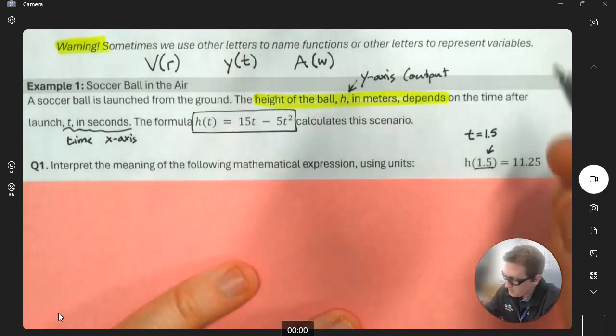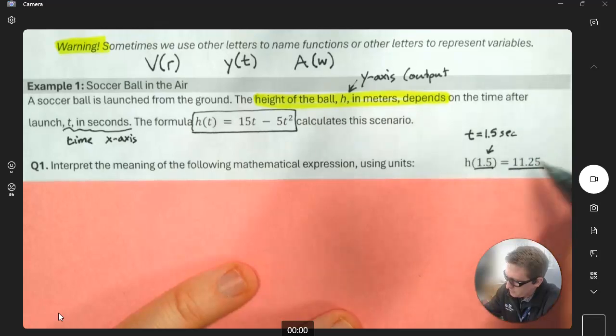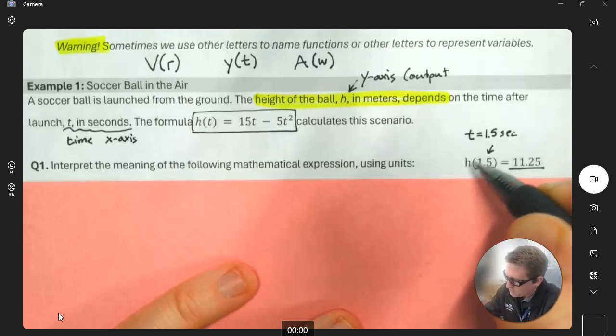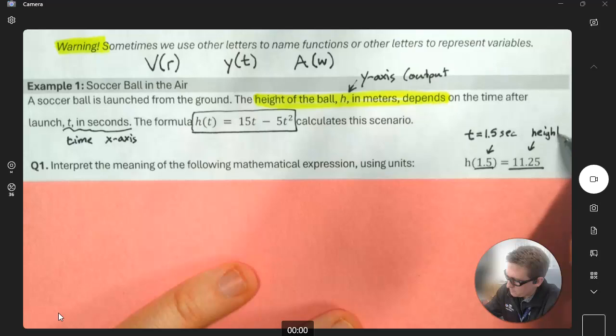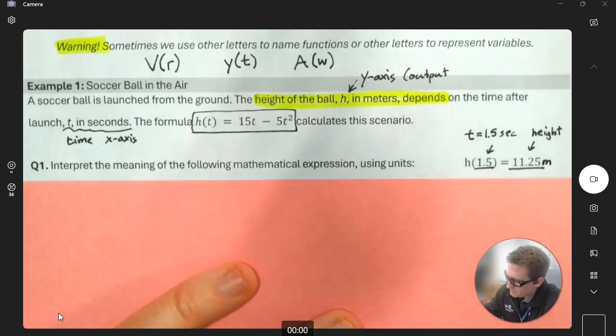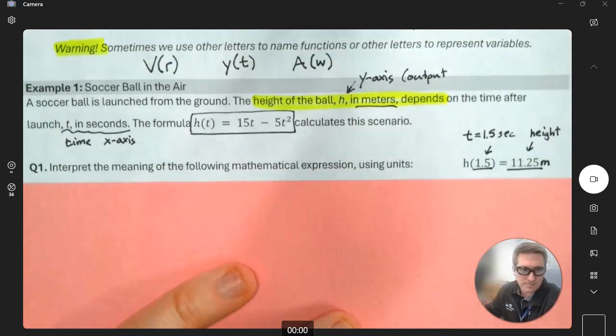It says seconds. So the time is 1.5 seconds. This number is equal to h of 1.5. This right here is the height, and I assume that it would be in meters. 11.25 meters. Well, they told me that it was in meters.